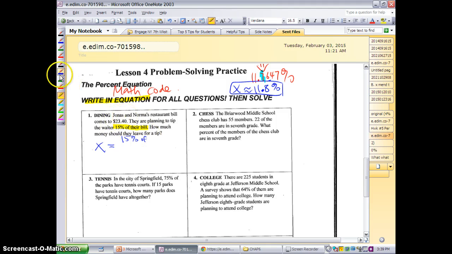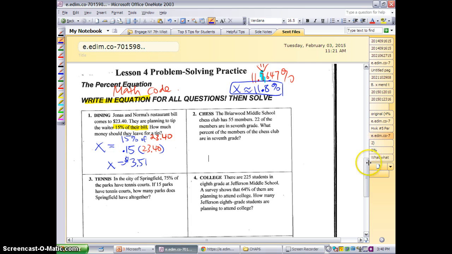What's their bill? Their bill is $23.40. So x is equal to 0.15 times, that's of, $23.40. Then you will get your answer. Simply multiply. x is equal to $3.51. Okay?